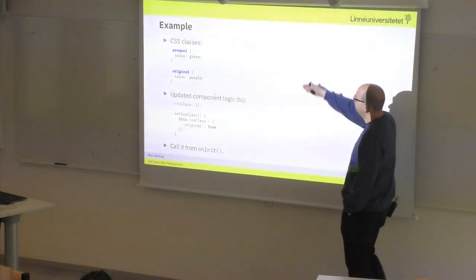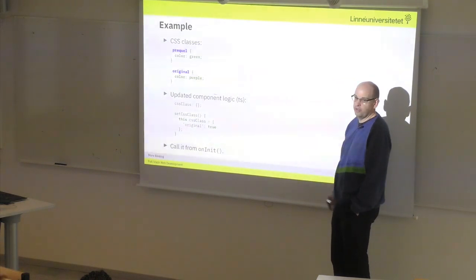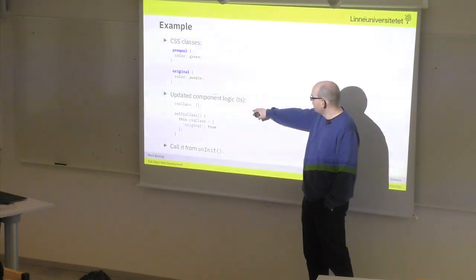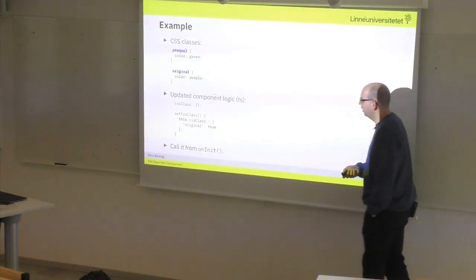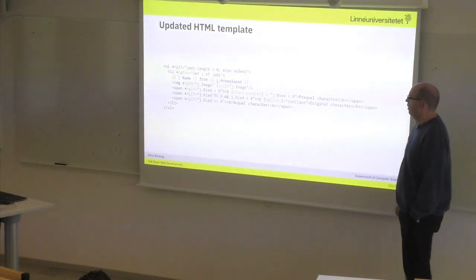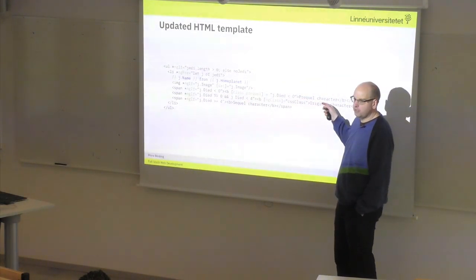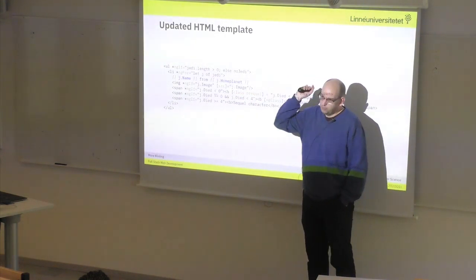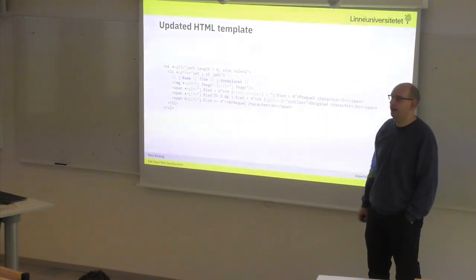So if we create classes, prequel and original, with green and purple colors, that's the only thing we do with it. And then we update the logic with a CSS class variable like this, and then set the CSS class like this, and call it from ngOnInit. We can bind to it, so we can say that if it is a prequel character, we want to bind to the class .prequel like this, then we go just to one class and we pick up whatever's there.